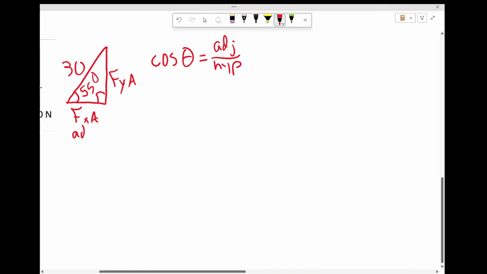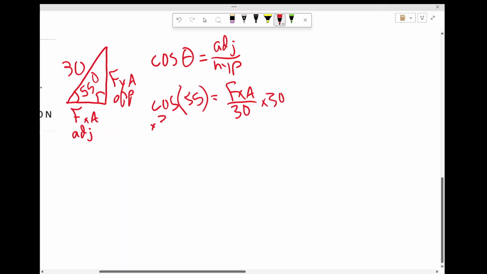FxA would be our adjacent, and FyA would be our opposite. So cosine of 55 equals adjacent, which is FxA, over the hypotenuse, which is 30. So multiplying by 30, we get 30 cosine of 55 equals FxA, which is 17.2. Okay, so that's going to be one of the numbers that we need.